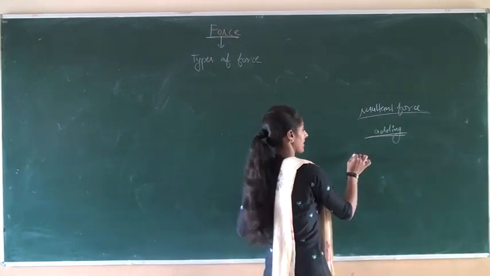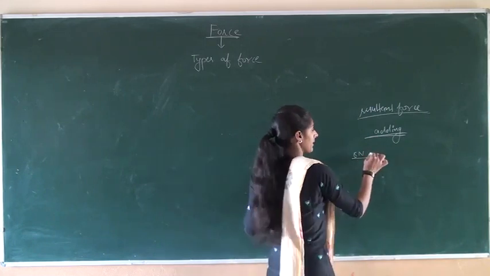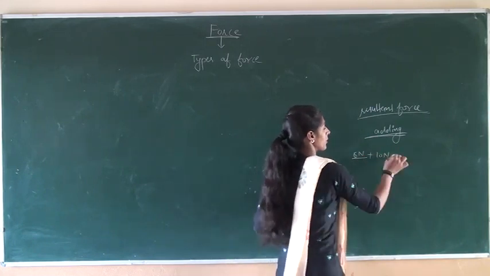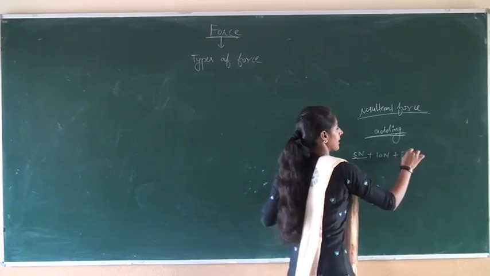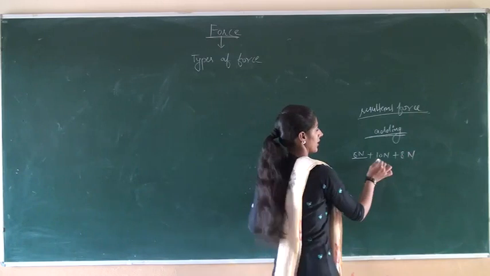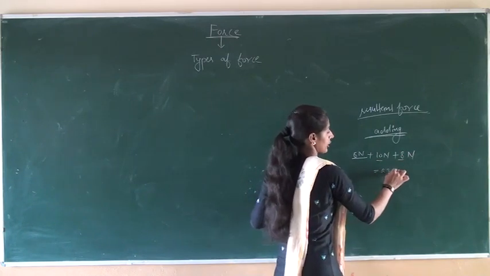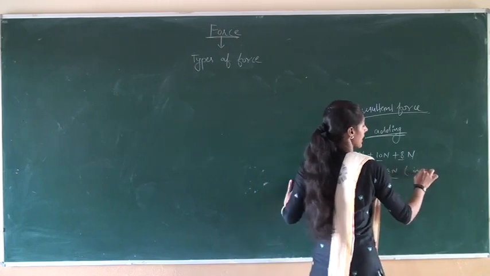For example, if one person applies 5 Newton, another person 10 Newton, another person 8 Newton force, then the resultant force is 10 plus 8 plus 5, that is 23 Newton in the same direction.